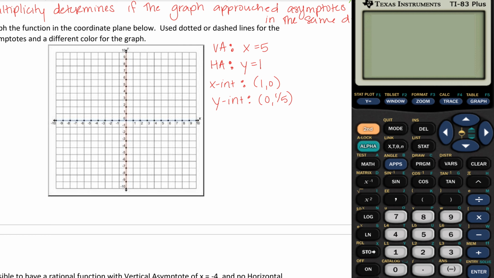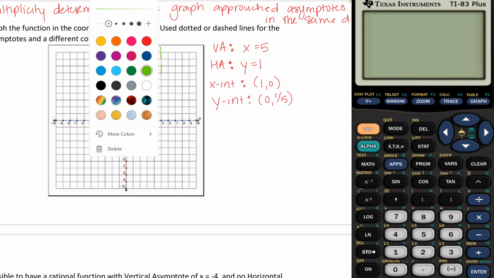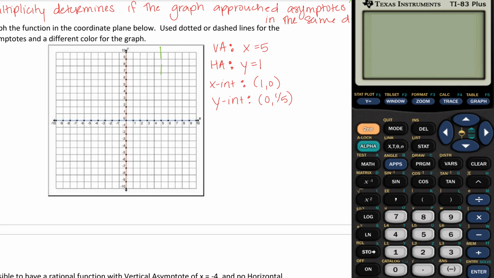All right, so now we're going to graph everything. I'm going to draw my line at the 5, right, because that's my, let me darken that up. So we are going to have my vertical asymptote. My horizontal is going to be at 1. And then, of course, I said I had a point at (1, 0) and (0, 1/5), which doesn't have to be accurate, but I know it's going to be somewhere between 0 and 1.